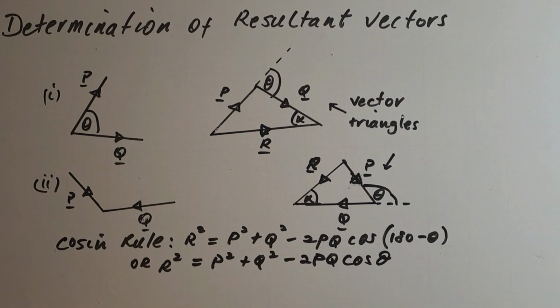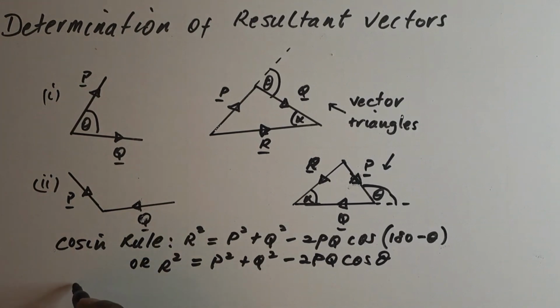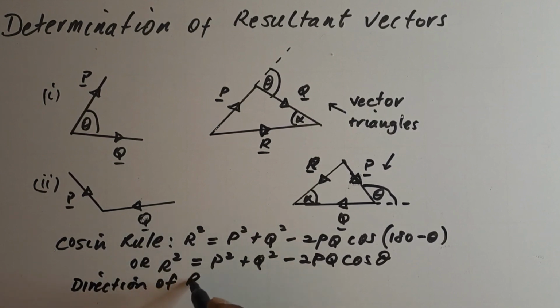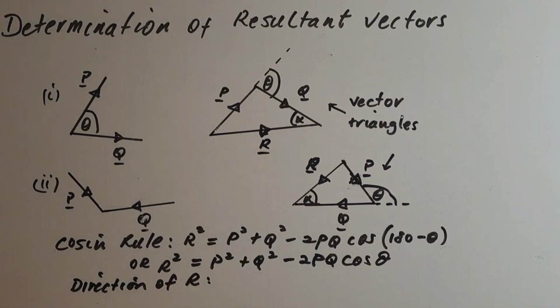Now the direction of the resultant, the direction of r, can be determined by using the sine rule.